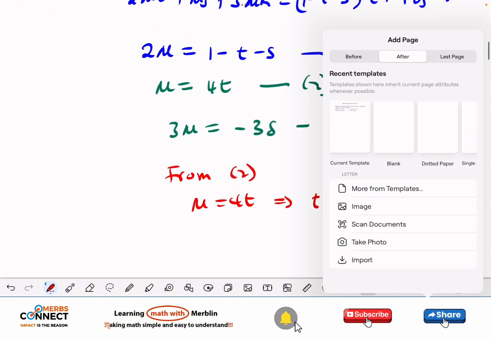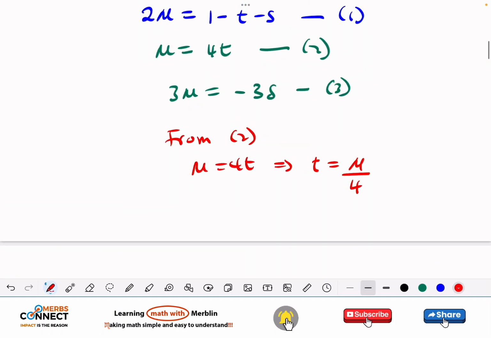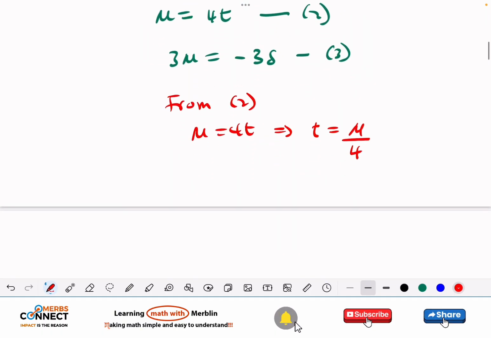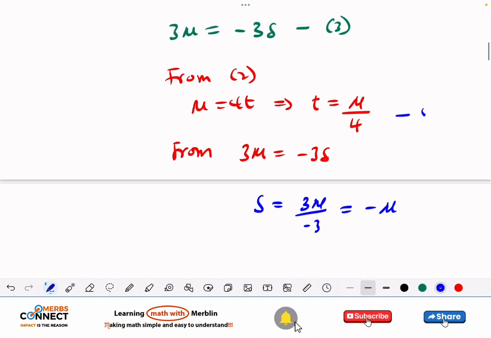We can also get s from equation 3, right? So from equation 3, we have 3 mu, which is equal to minus 3s. So I can make s the subject, and I'm going to have s equal to 3 mu divided by minus 3, and this is equal to minus mu. So let me call this equation 4, and let me call this equation 5.